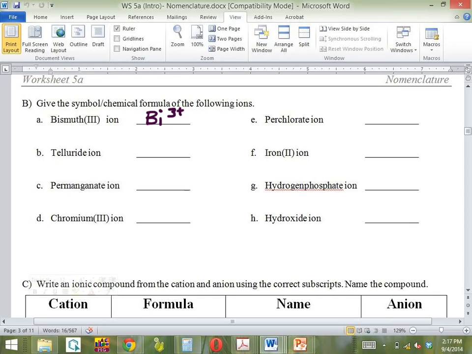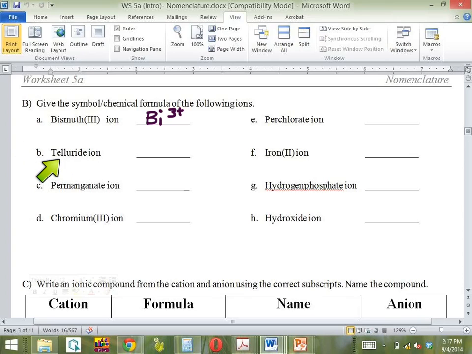If we had something like sodium ion, we figure out the charge from the periodic table. Group 1 is +1, group 2 is +2, group 3 is +3, zinc is +2, and silver is +1.